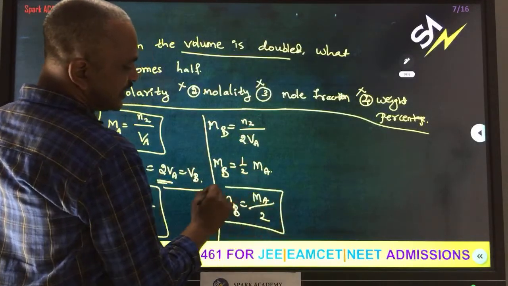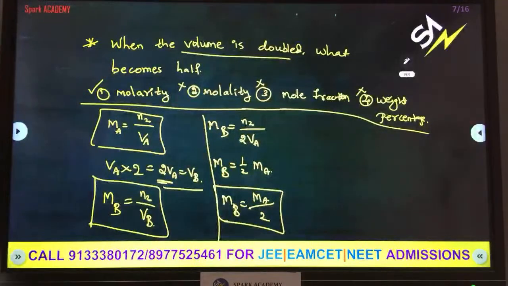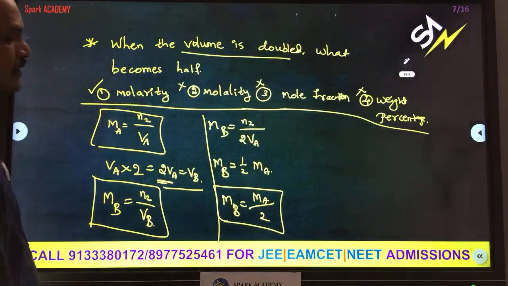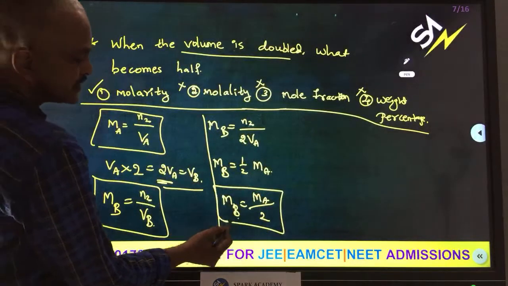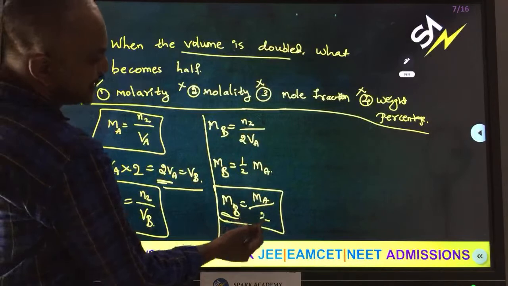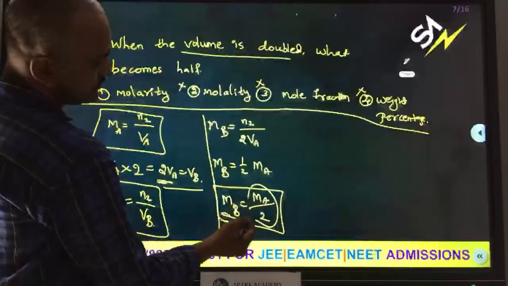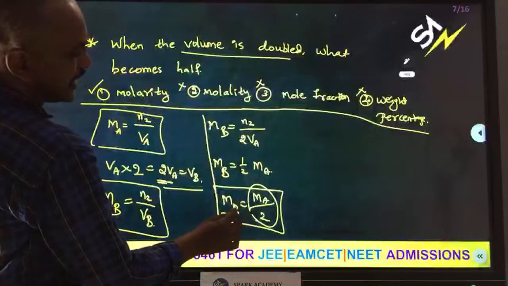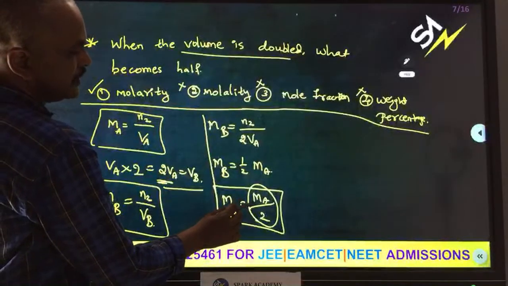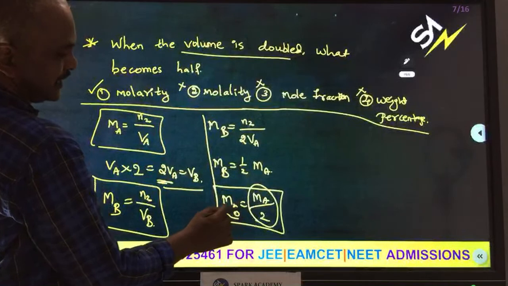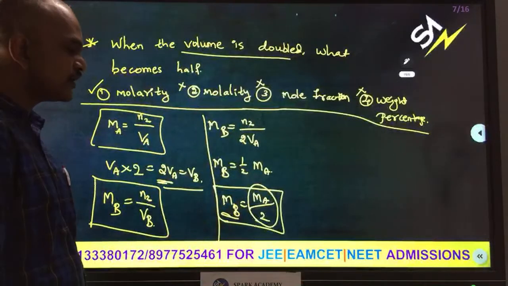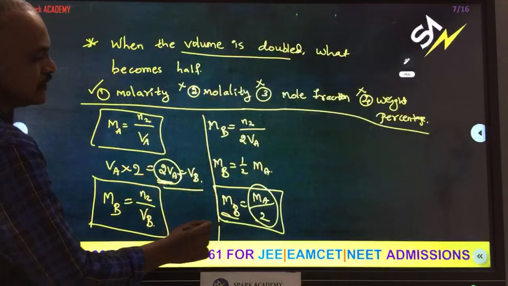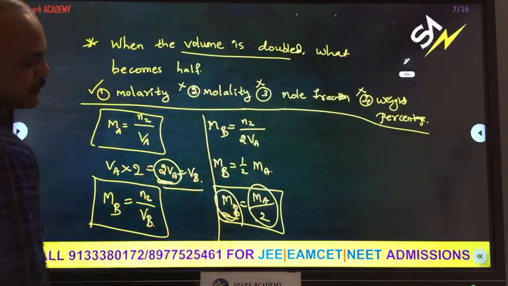By 2 we are writing means it became half. Understood? So that means when the volume is doubled, the molarity became half. The half of the initial molarity Ma is equal to Mb. Okay. So when the volume is doubled, it becomes half of this one.